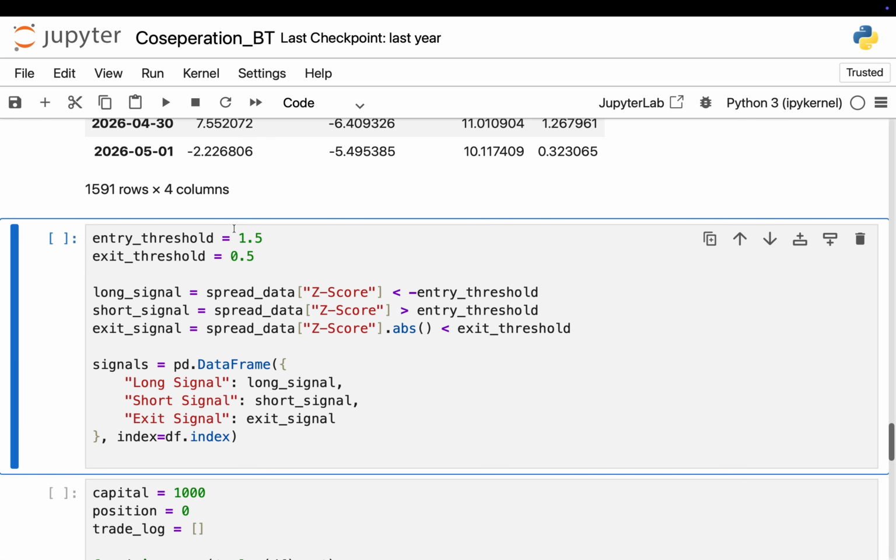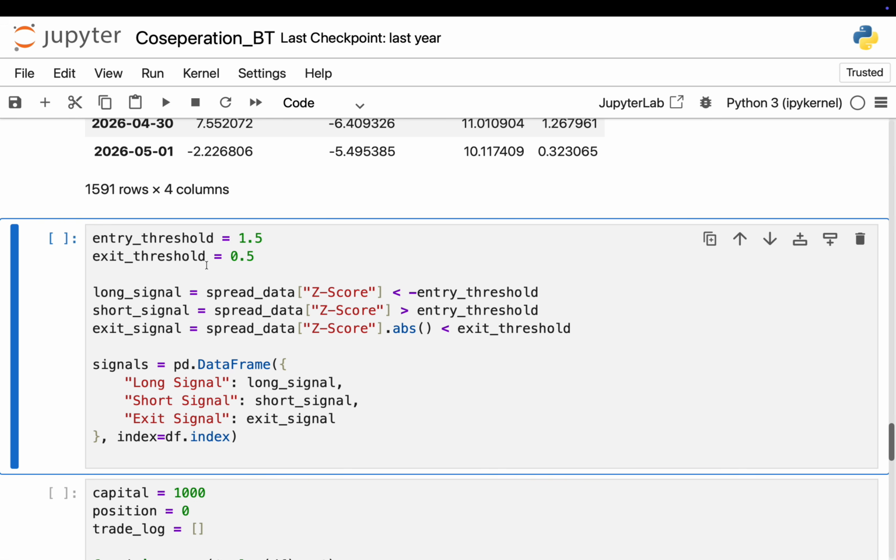Now we define entry and exit thresholds. In this case, when the z-score drops below -1.5, we go long the spread. In practice, that means we buy stock 2 and short stock 1. We are betting that stock 2 is currently undervalued relative to stock 1 based on the historical relationship, and that this gap will close.